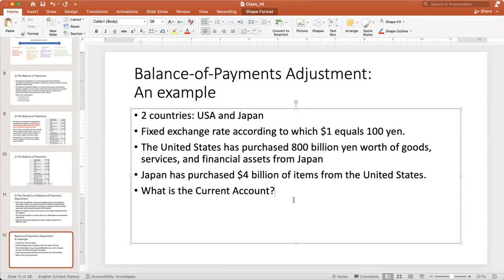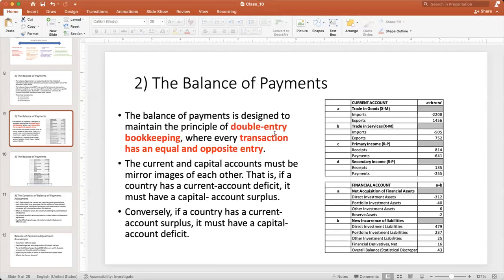So let's begin with building the current account. Remember that the current account only covers the transactions in goods and services.